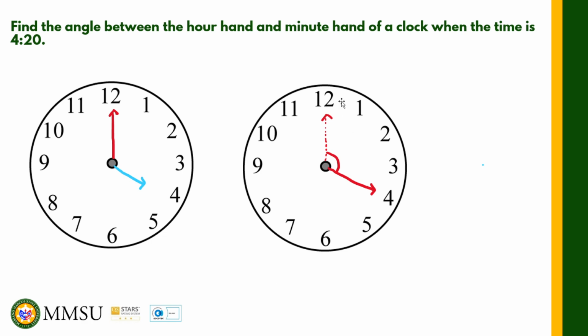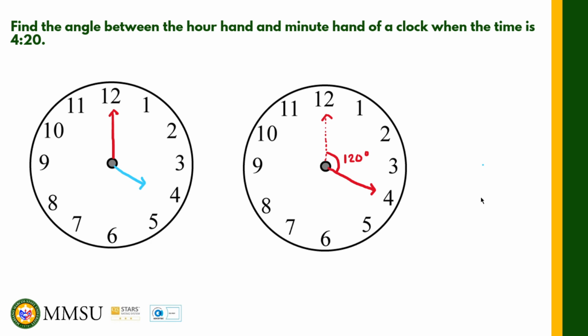So from 12 to 1, that's 30 degrees, another 30, 30, and 30. Between 12 and 4, the number of degrees is 120 degrees. So, at 4:20, the minute hand of the clock traveled for 120 degrees. Okay?